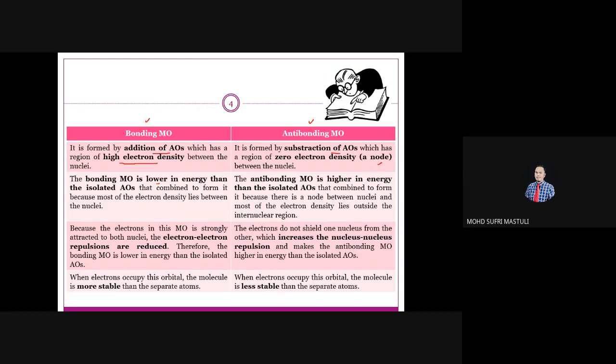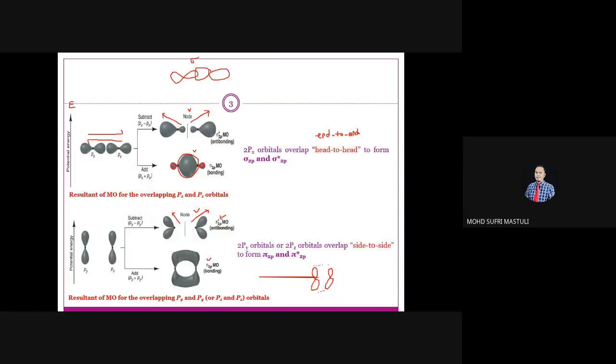The anti-bonding also is higher in energy compared to the isolated atomic orbital. This one. This bonding energy is lower than this, and this antibonding is higher energy than this.